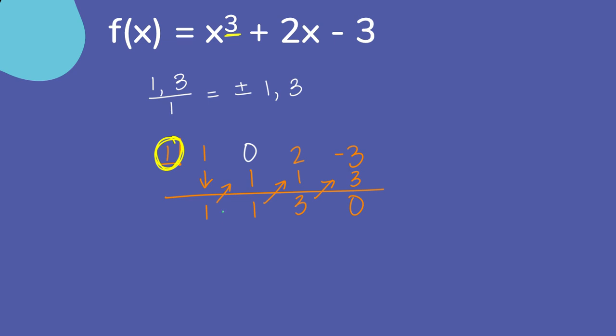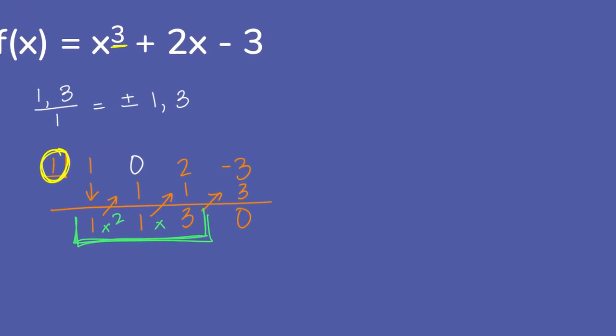I'm now going to have x squared and x. We can factor this. What do I have? I have x squared plus x plus 3. I'm going to go ahead and use the quadratic formula. So same thing we did before.